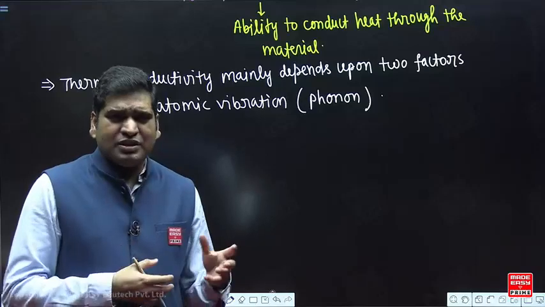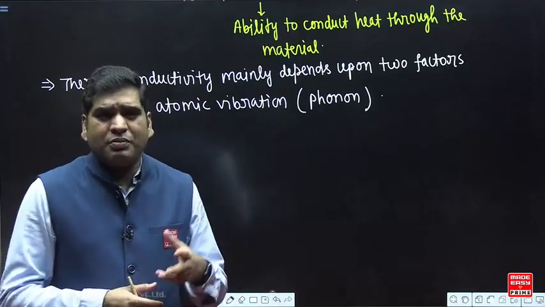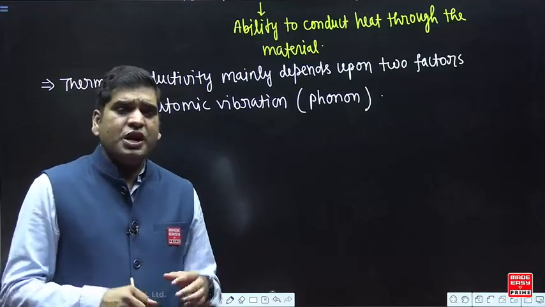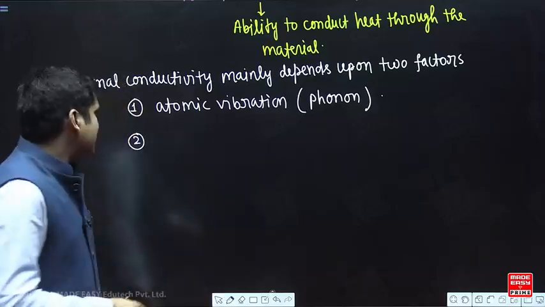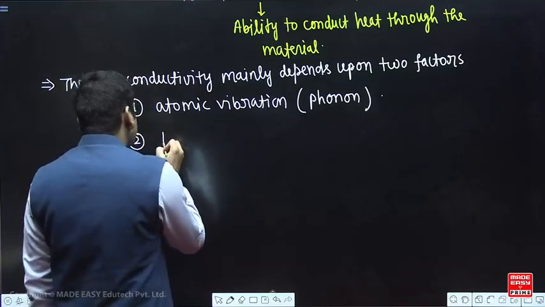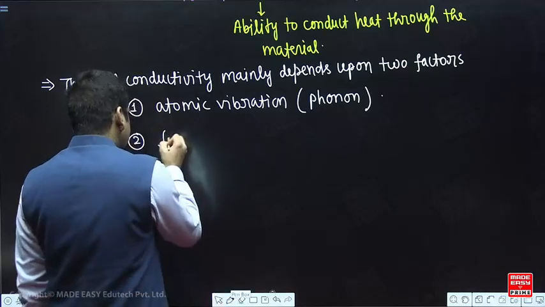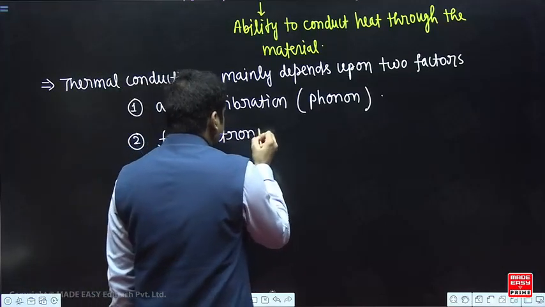So they are free. They will take electrical energy, magnetic energy, thermal energy, optical energy. Any kind of energy you give them, they will take and run away. So the second responsible factor is free electrons.